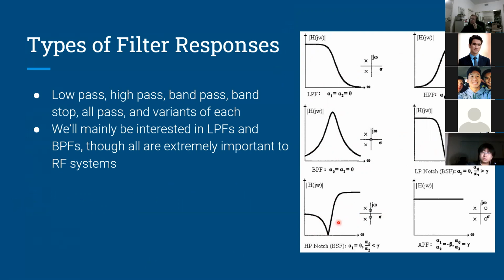And further down, we have another type of notch filter. And you can kind of see the difference between them. One passes low frequencies better, that's this guy, and one passes high frequencies better, and that's that guy. And then lastly, we have an all-pass filter, which passes all frequencies exactly the same in magnitude.